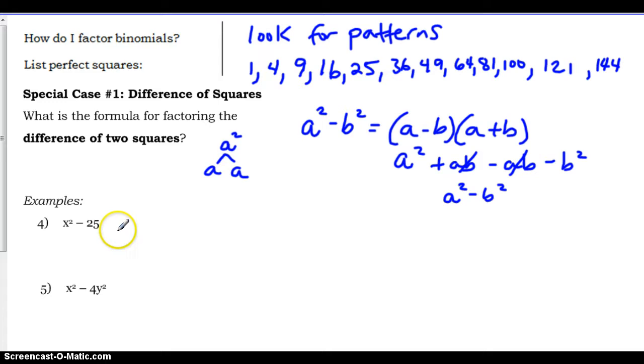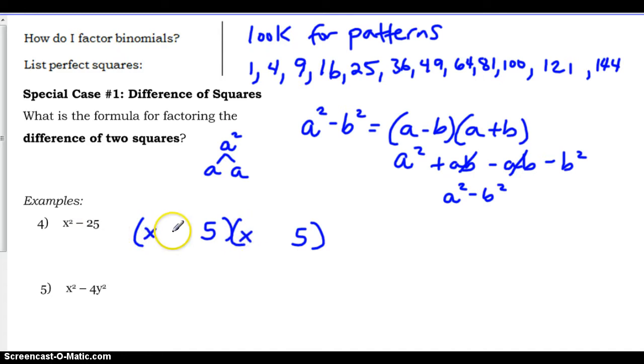So if we take a look at number 4, we can factor a squared minus 25. I recognize that they're both perfect squares. 25 is one of the ones we listed. We think about two numbers that would multiply to 25, and that'd be 5 and 5. And two variables that multiply to a squared would be a times a.